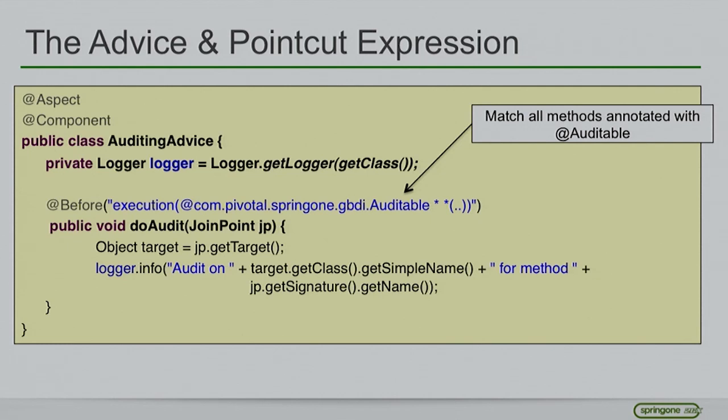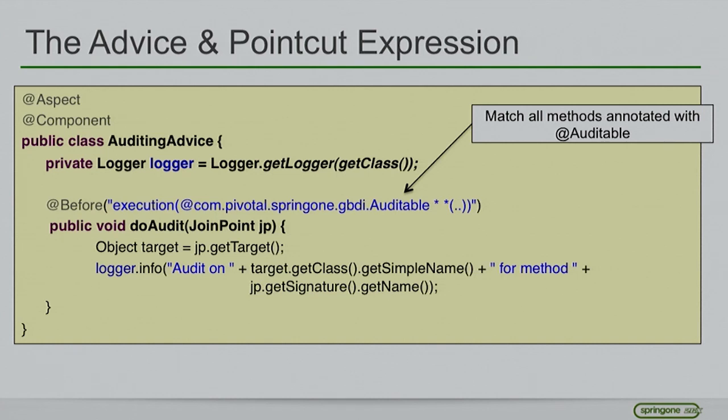But in essence then, all I do is I say, all right, here's my before advice. And my before advice is looking for this Auditable annotation, any method in any class, any return type on any method with any number of arguments. And then in my particular doAudit method, I have some code that does whatever I need it to do.